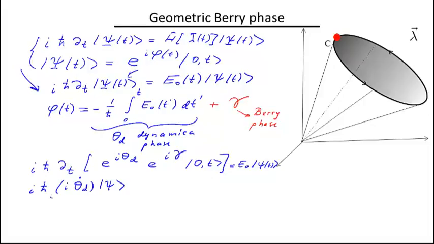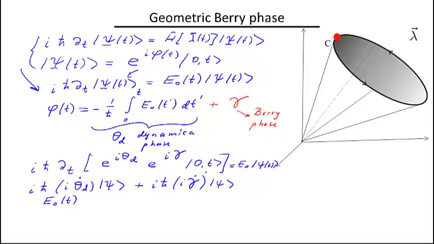So this whole thing is going to be equal to the energy as a function of time, which will be cancelled by the same term on the right-hand side. There's also another term here: i h bar times i gamma dot times psi. And finally, there's going to be a derivative of the wave function itself.